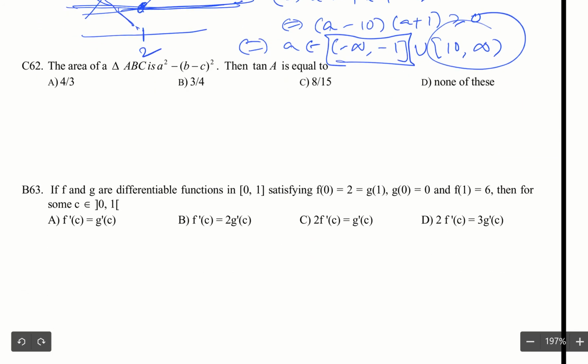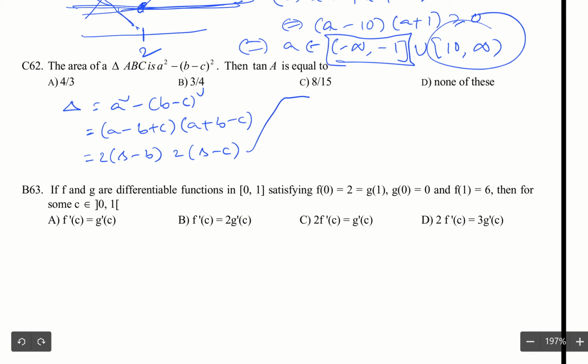Coming to 62, he gave delta is equal to a square minus (b minus c) whole square, which is nothing but (a minus b plus c)(a plus b minus c) after factorizing. We know that this is nothing but 2 times (s minus b) and 2 times (s minus c).